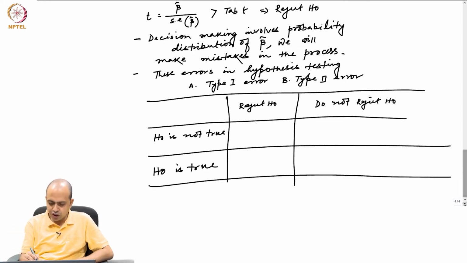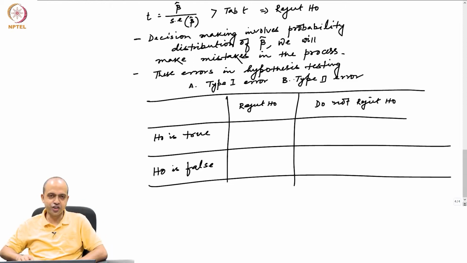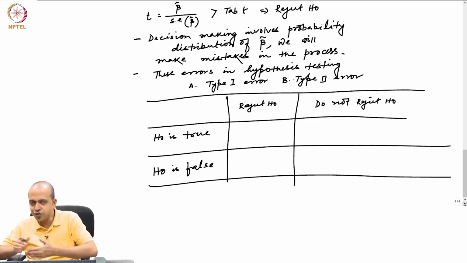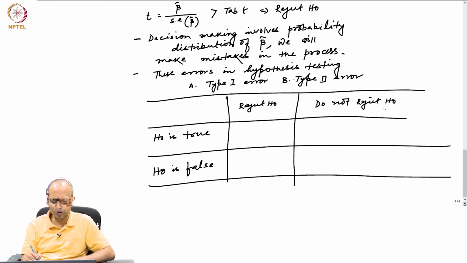First case is, let us say H naught is true and you are rejecting the null.